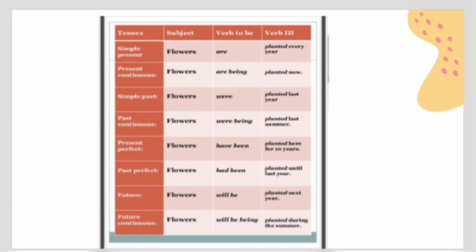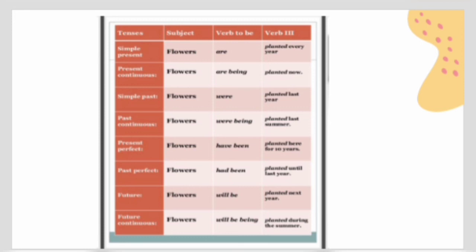For tenses, simple present tense uses the verb to be is, are; present continuous uses is, are being; simple past uses was, were; and past continuous uses was, were being; and present perfect uses have been, has been.